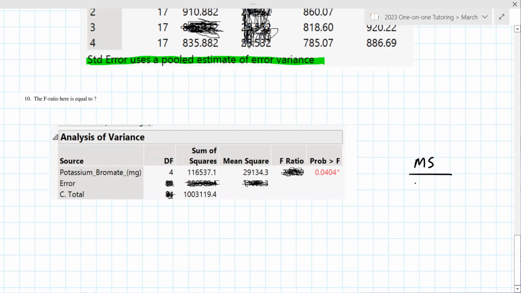I don't want to say K, but then it's over MSE. In your problem, it's the 29134.3 divided by the 11082. Let me get the right one. Oh, got it. Okay.